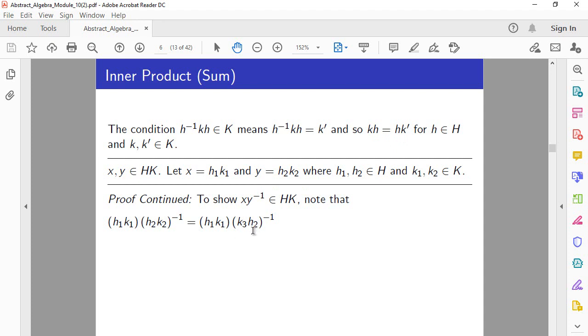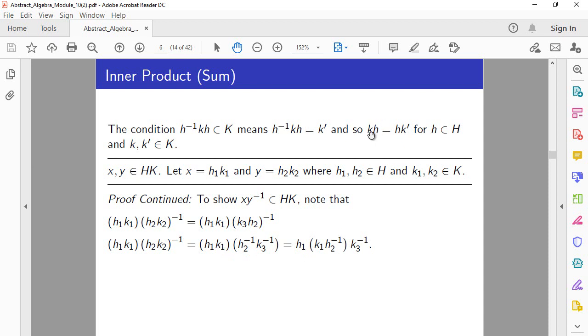So now I apply the inverse. Now this is the same as that. And here, the inverse of K3H2 would be the same as H2 inverse times K3 inverse. And now we're going to group together K1H2 inverse here. Now, I am going to apply this equation again, but this time from left to right.